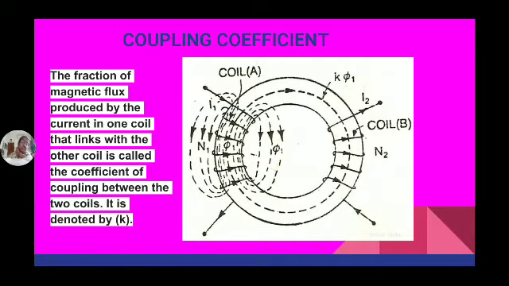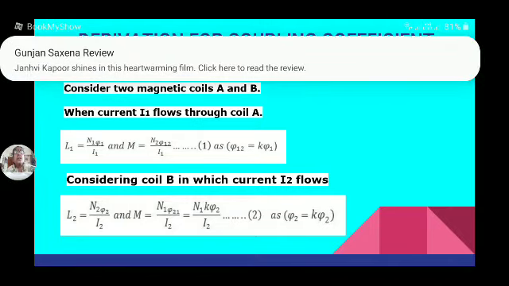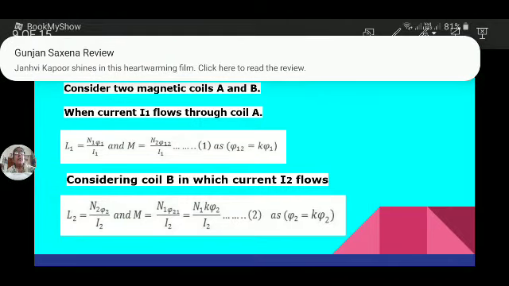In the same manner, if 100 milliwebers is developed in coil 1, the maximum flux that can link with coil 2 is 100 milliwebers or less. At any cost it cannot be more than 100 milliwebers. So that is K into phi 1, and M is equal to N2 into K phi 1 by I1.